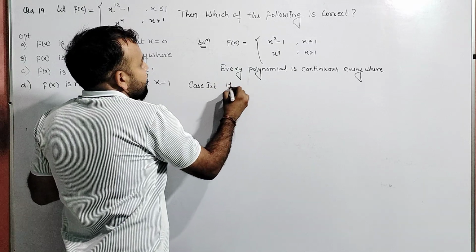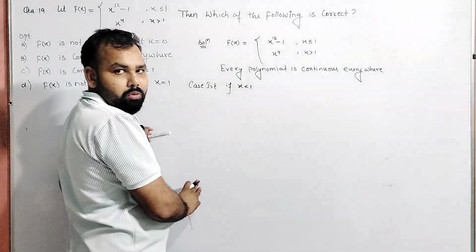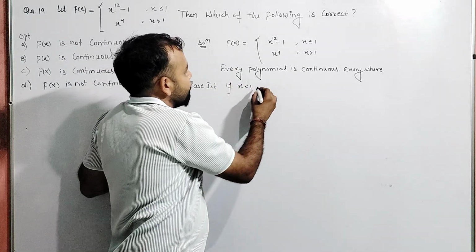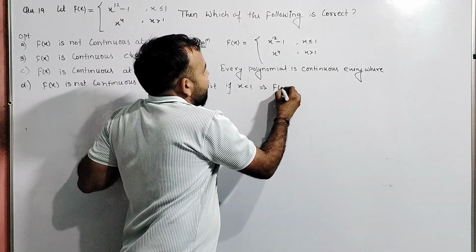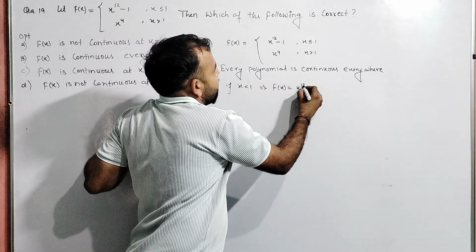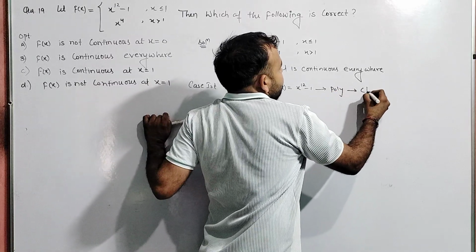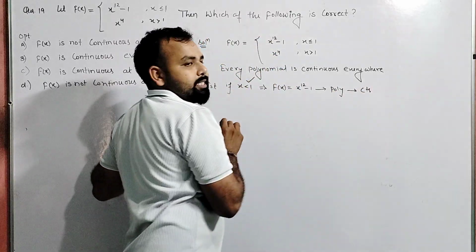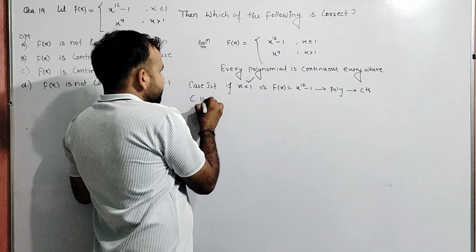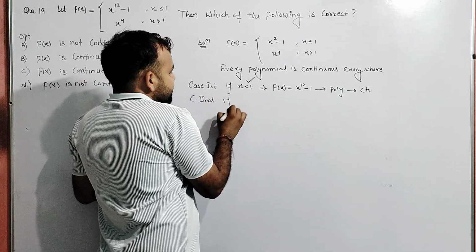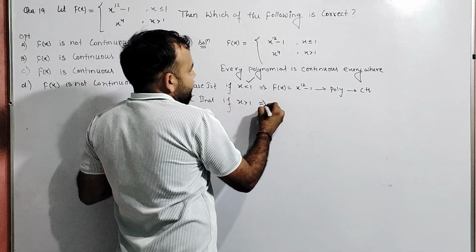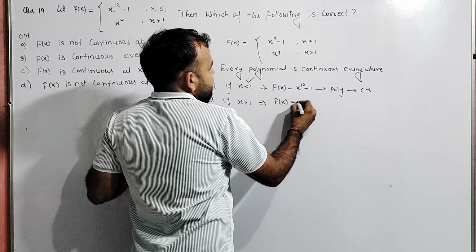If x is strictly less than 1, then our function fx is x to the power 12 minus 1, and this is a polynomial function, so this is continuous in domain x less than 1. Case second, if x is greater than 1, we can see that our fx is x to the power 4.